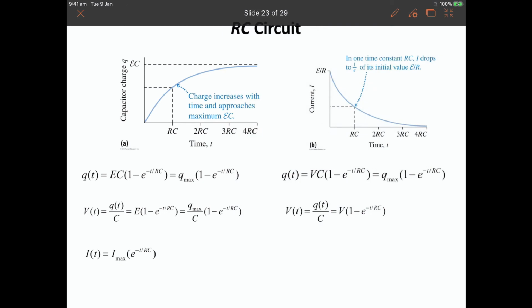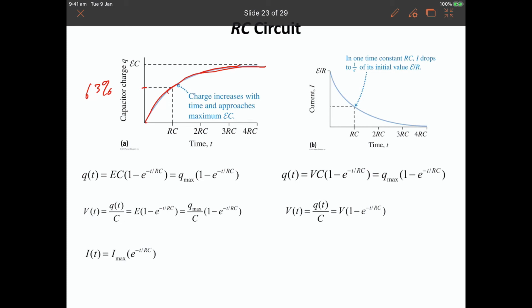If it's an approach to a constant, just like the voltage or charge build up in the capacitor when you charge up, when you get 1 RC, you get about 63% of the charge up.